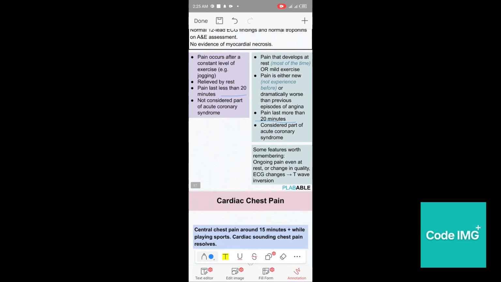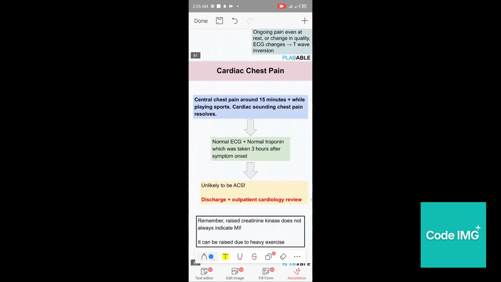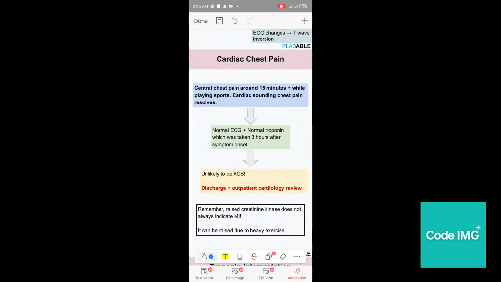On ECG, you may see T inversions and ST depression. Troponin will be negative in unstable angina, but there will be ECG changes. However, in stable angina, there will not be any ECG changes unless the patient has active pain at that time.